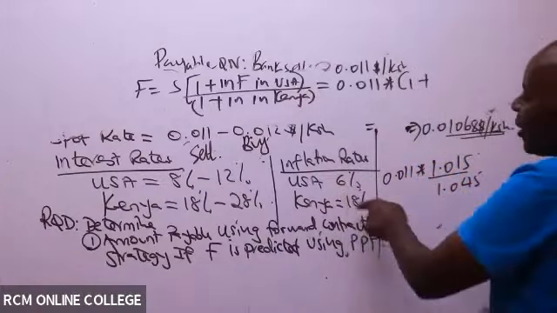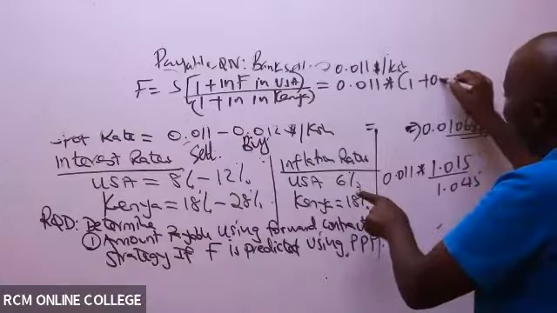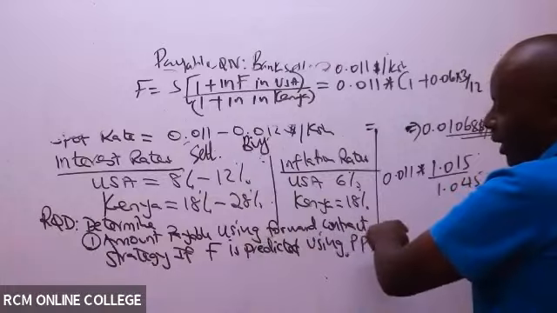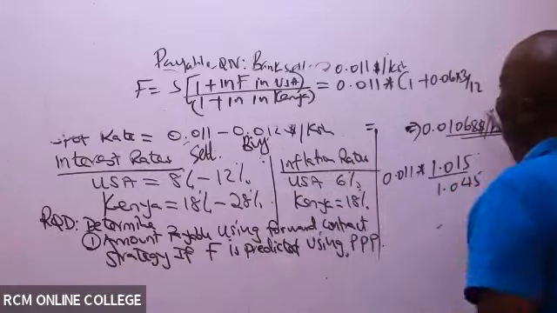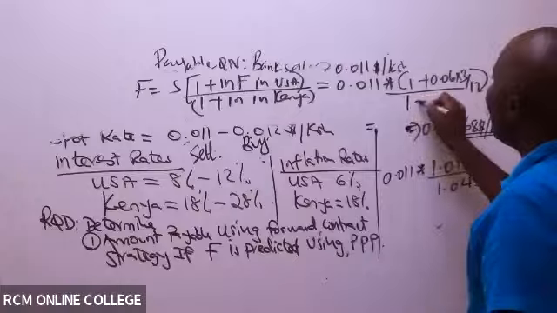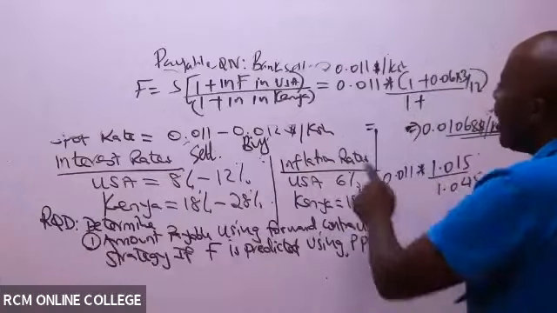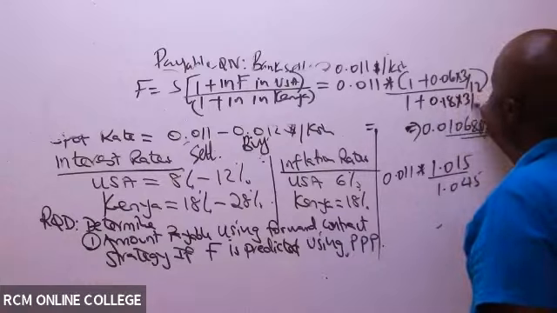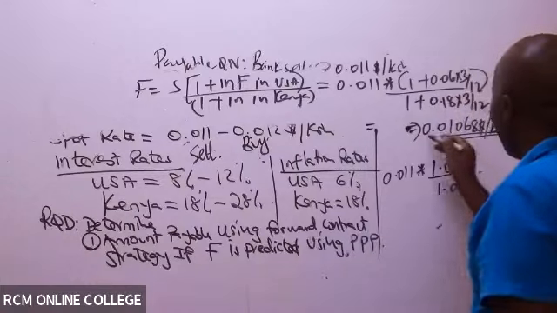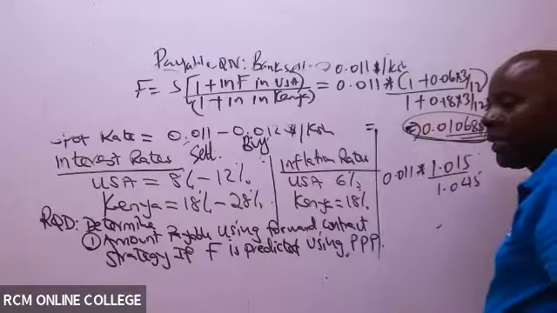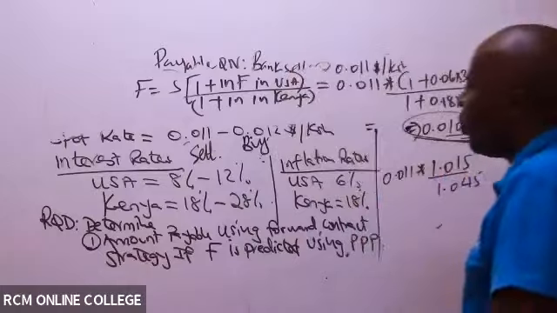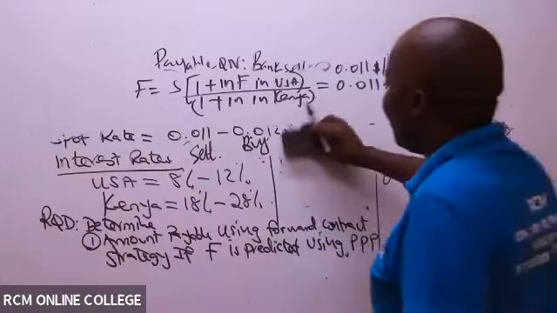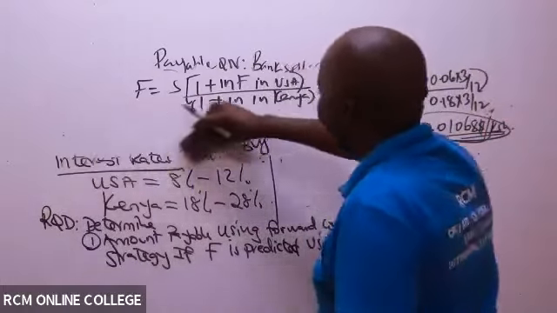Inflation in USA is 6%. This is for a whole year. So 0.06 has to be time prorated because we're talking about 3 months. The lady is supposed to pay in 3 months. All over 1 plus inflation in Kenya. Inflation in Kenya is 0.18 times 3 over 12. And this is how we were able to get this number. So now you can move forward with this very well.